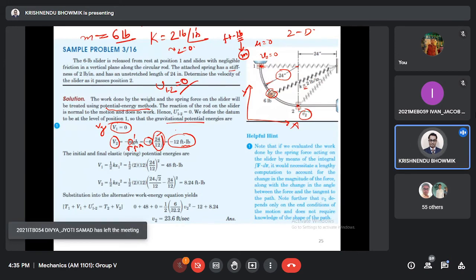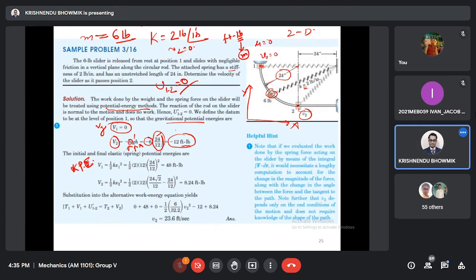Fine. So initially, what is the spring potential energy? The potential energy of the spring is half k x1 square. As the problem says, the spring has an unstressed length of 24 mm.